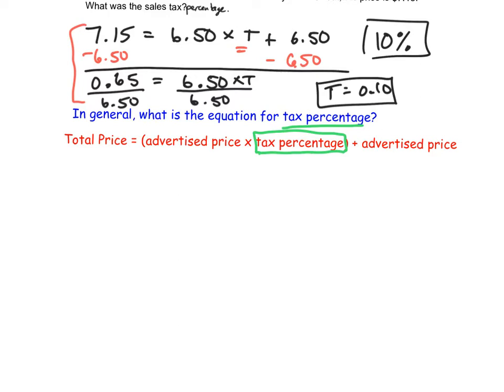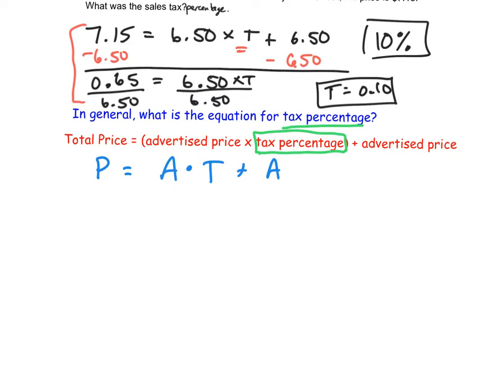In order to do that, just so we're not spending 5 hours writing stuff down, I'm going to give all of this stuff a letter variable. Total price, I'll just call P. Advertised price, I'll call A, times the tax, we'll call T, plus A, the advertised price again.